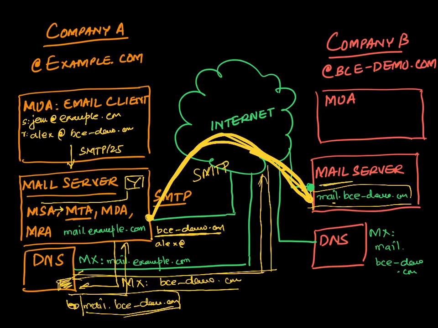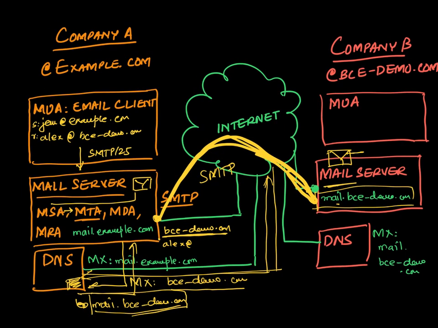The MTA will accept the message and give it to the MDA, the mail delivery agent, which is here. The mail delivery agent will forward it to the mailbox of Alex in the mail server. So that's how the mail will reside in the mail server of company B.